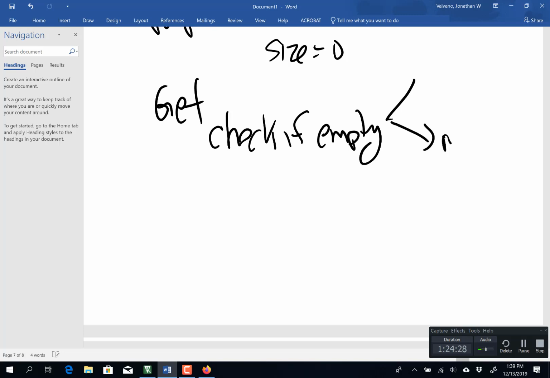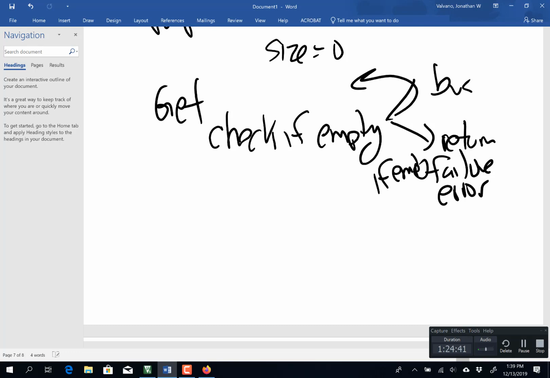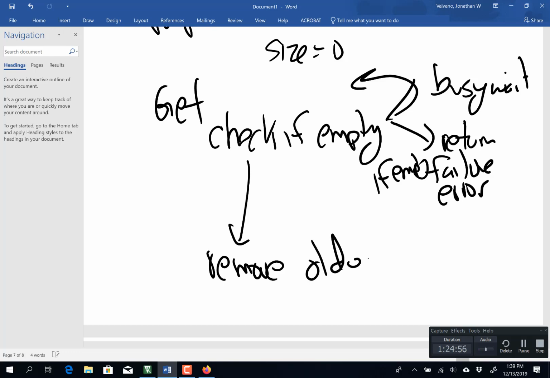I can return a failure if empty, or I can loop back and busy wait, and assume some sort of interrupt's going to help me out here. But assuming it's not empty, what do I do? I'm going to remove the oldest and return a true.